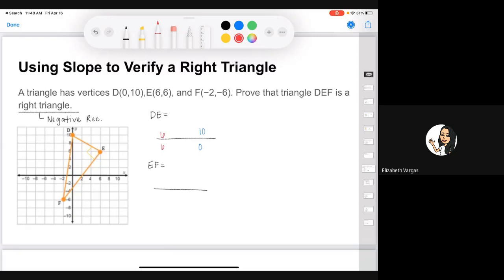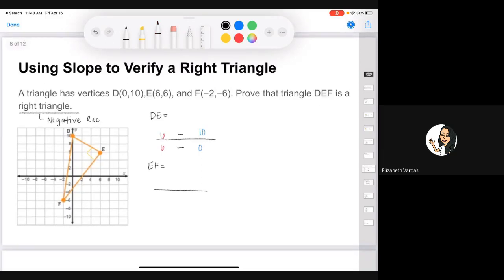This one's also, I'll do this one, which is -4 and 6, which when simplified is -2 and 3. This one down here is again 6, 6. And my F is -6, -2. Simplify that. That is 12 and 8, which is 3 and 2.